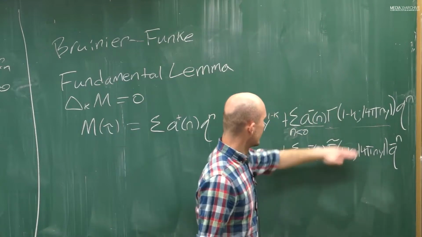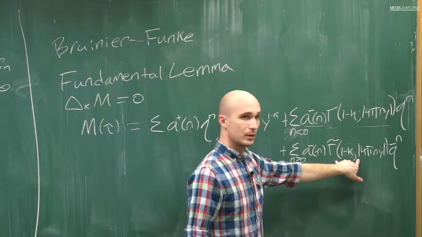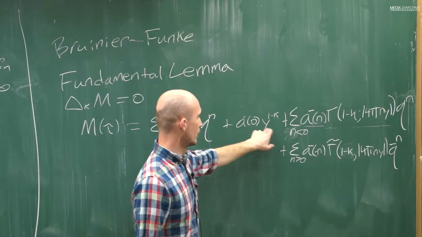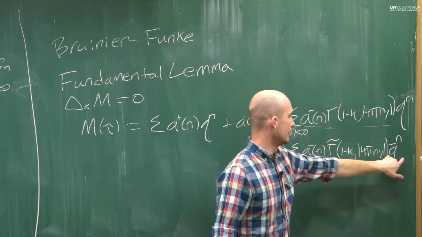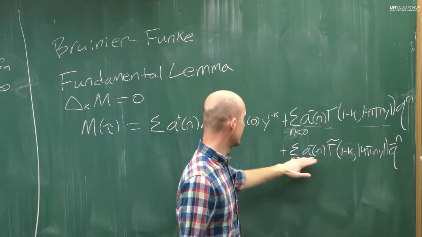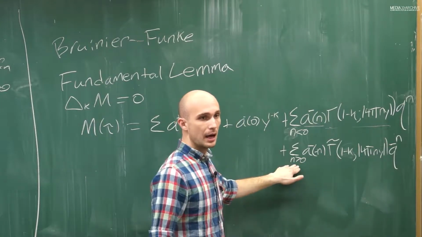So I can rewrite this as a function which is bounded polynomially in y. It is bounded by y to the 1 minus k, and then I've just got a power of the conjugate of q. So the way I've written it here, there's no singularity.